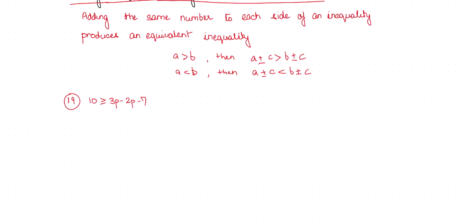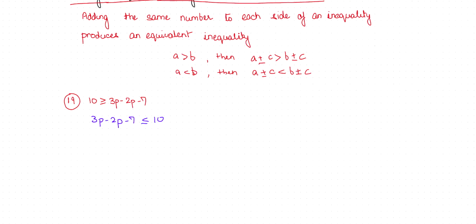Now we want to have the variable on one side and numbers on the other side. One thing is we can write it like this also: 3p minus 2p minus 7 is less than or equal to 10. This is the same thing. Now we want to keep the variable on the left and bring the number to the right.